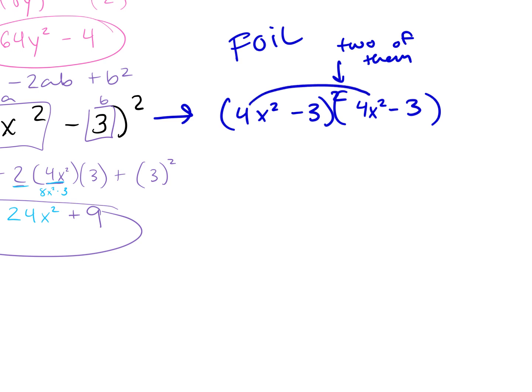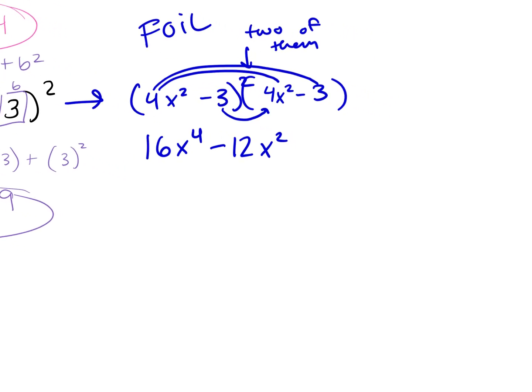What's 4x squared times 4x squared? 16x to the 4th power. Then the outer would be 4x squared times negative 3. Negative 12x squared. The inner would be negative 3 times 4x squared. Negative 12x squared, and negative 3 times negative 3?